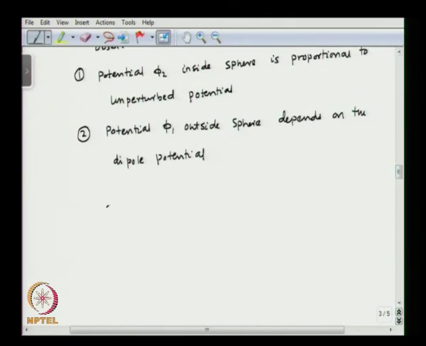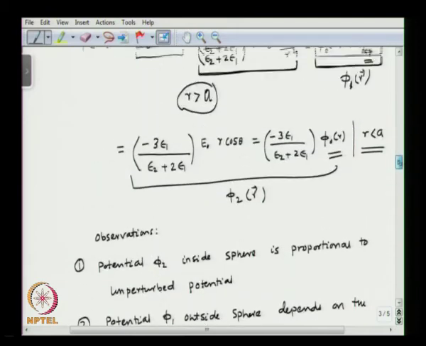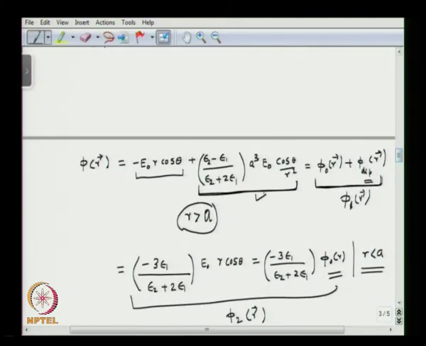So the phi dipole is epsilon 2 minus epsilon 1 divided by epsilon 2 plus 2 epsilon 1 into a cube E0 cos theta over r square. So that is the solution we saw here.